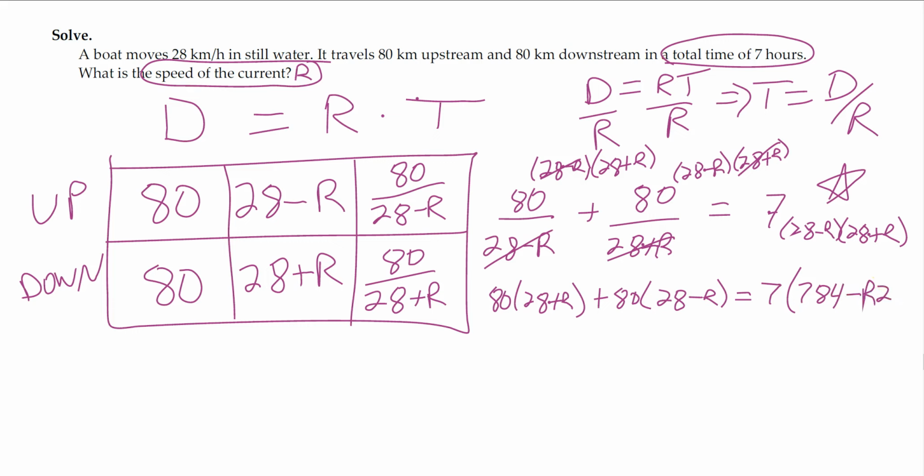That's not squared. Let's try that again. There we go. So let's distribute now. 80 times 28 is 2240.